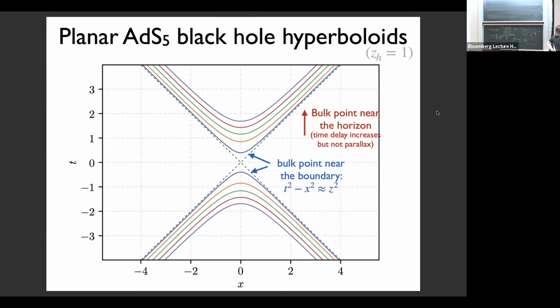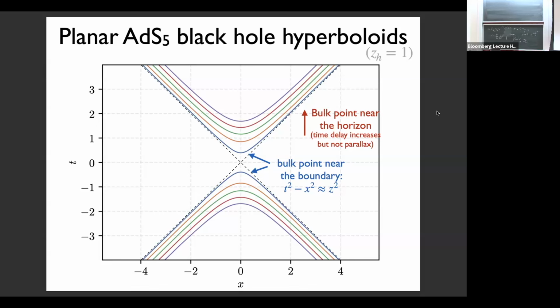First, let's see what these hyperbolas look like. If you use different bulk points, this is what the hyperbolas look like in, say, a planar black hole. This is a point very close to the boundary. You see the curvature is big, the radius is small close to the boundary. Then there are points that are getting close to the black hole horizon, and what you're seeing here is that the shape of these curves no longer changes.